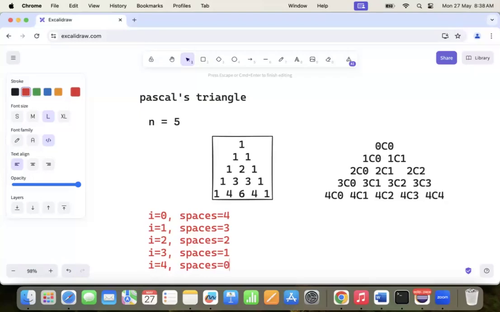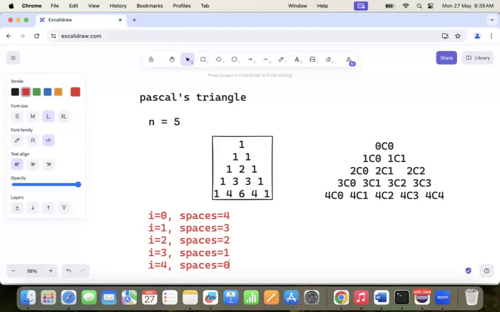So could you form the logic now? How many spaces are required? Could you form the logic based on the n value and i value? I'm talking about the spaces. It could be n minus 1, sir.